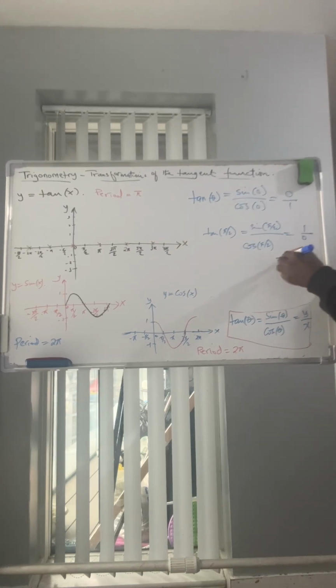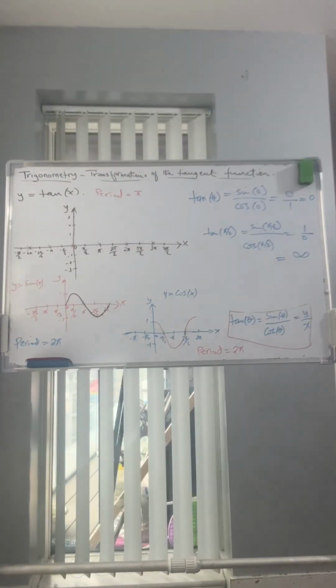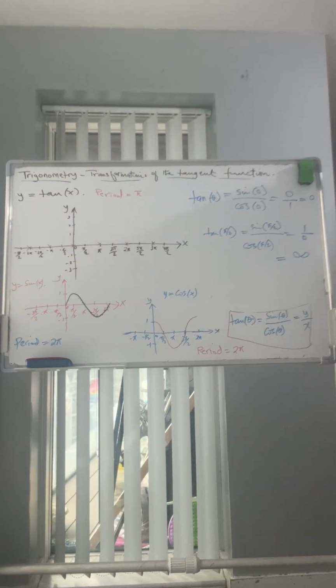So what do you have here? 1 divided by 0. This one gives us 0, 0 divided by 1 is 0. What about 1 divided by 0? This one is not a number, something we call infinity or an asymptote.